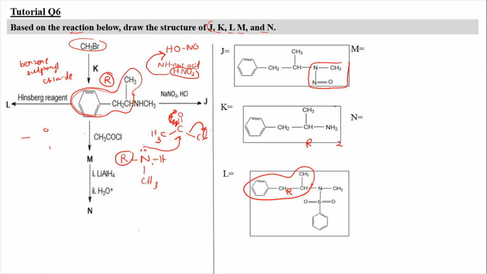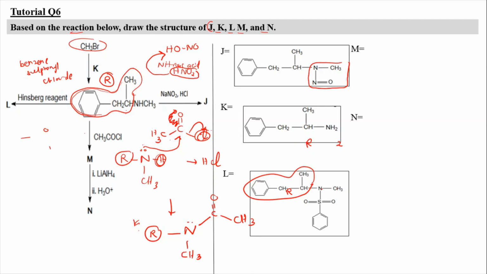Okay, and the hydrogen here will also be removed to attach with the Cl in order to produce HCl. Okay, so what you're gonna get at the end is your R group and C double bond O, CH3, and then your CH3 here.